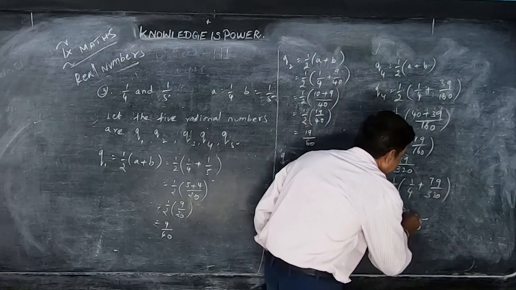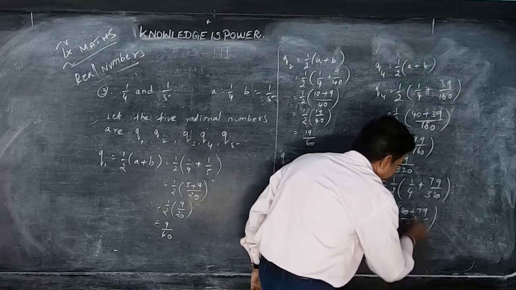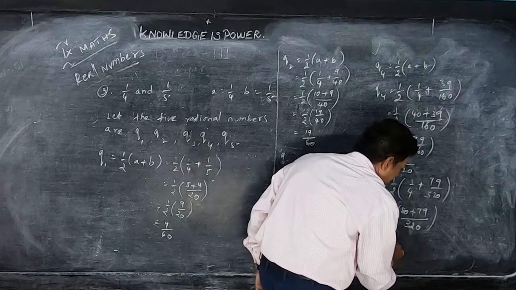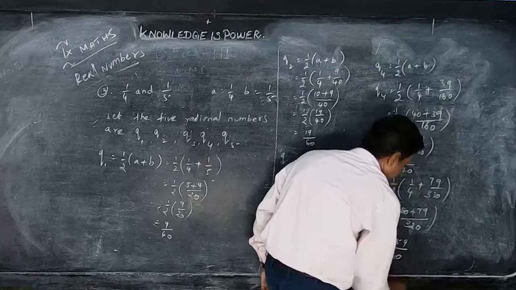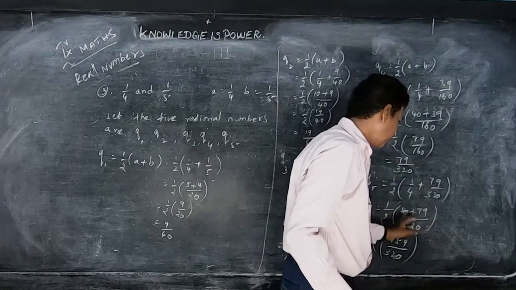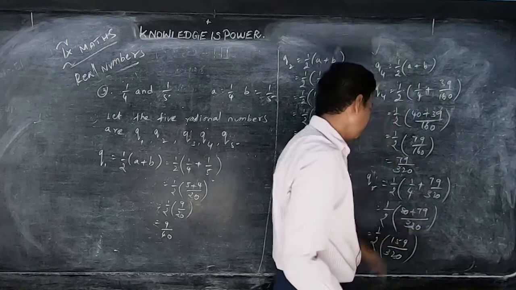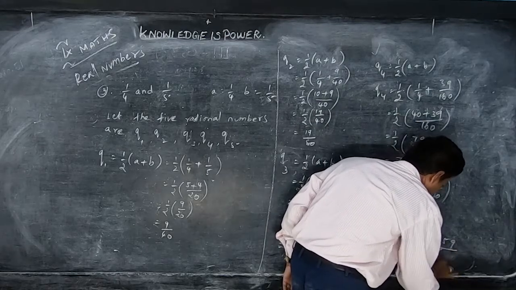So 80 plus 79, equal to 1 by 2. When you add that, you will get 159 by 320, so you will get 159 divided by 640.